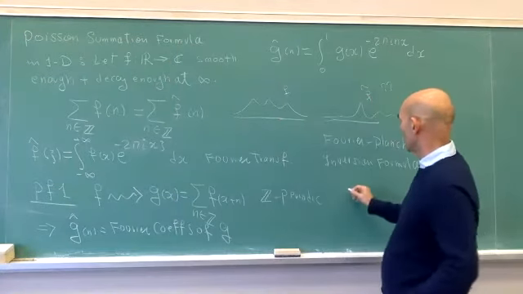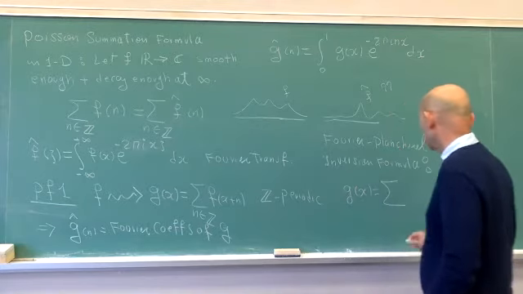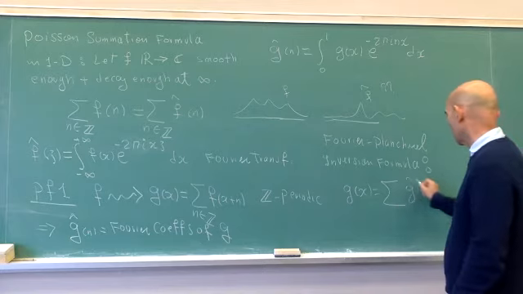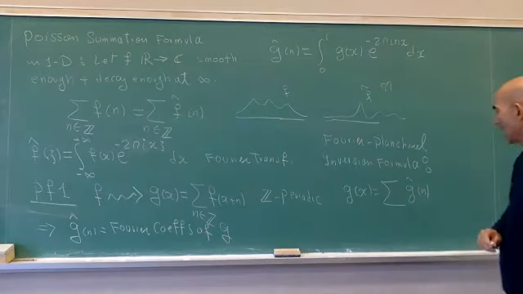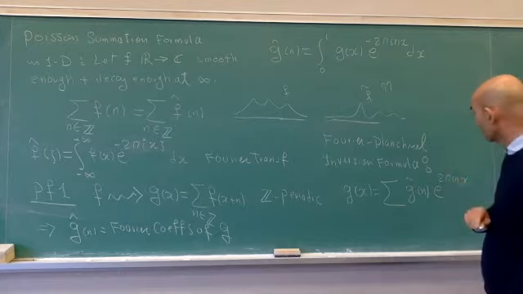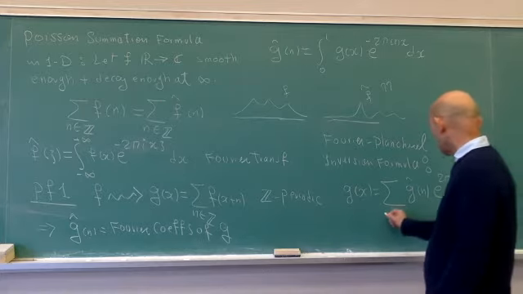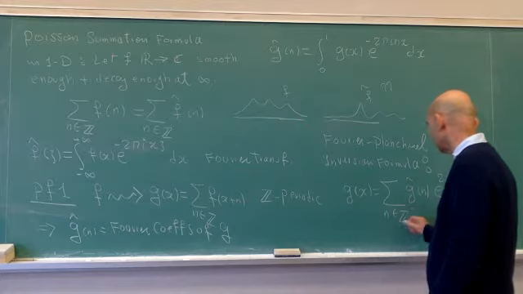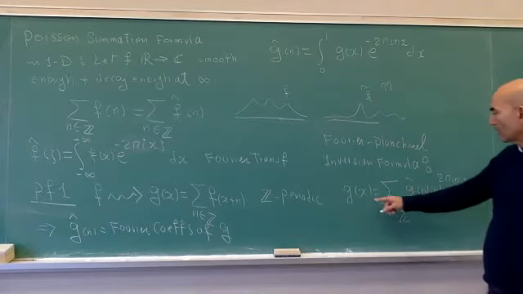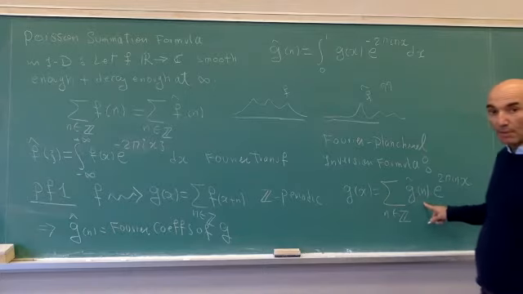So g of x is the sum of g hat of n times exponential of 2 pi i n x, n belonging to Z. So you can recover g from g hat by this formula.